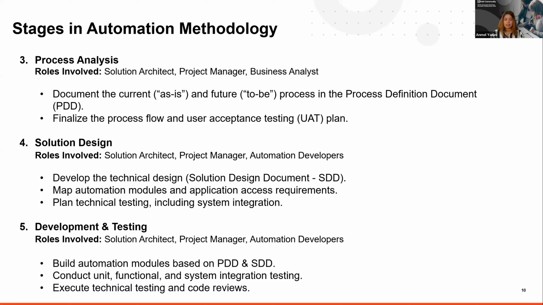The business analyst and the solution architect would work together to analyze the chosen process on how it currently is and how it would look after it has been automated. That's called the to-be process. Using this analysis and based on the complexity of the process, they would determine what can be automated and to what extent it can be automated.